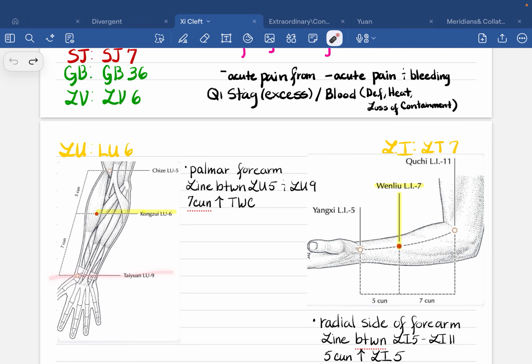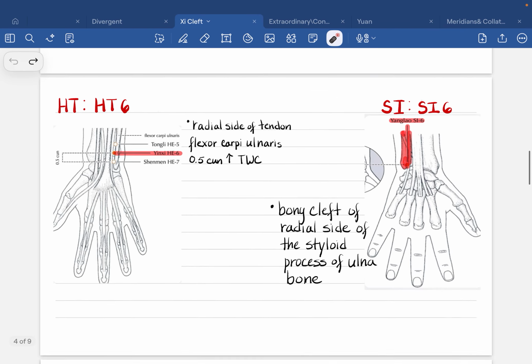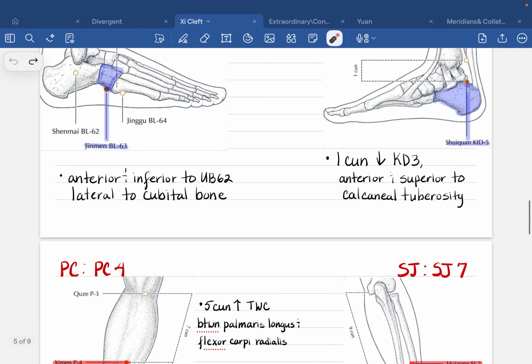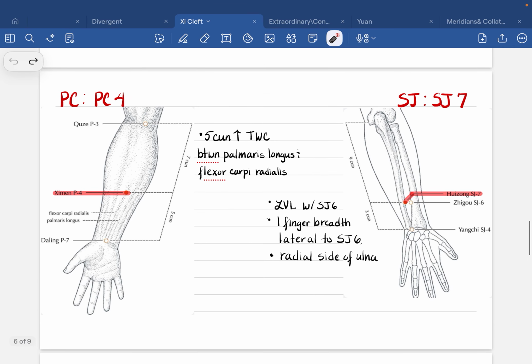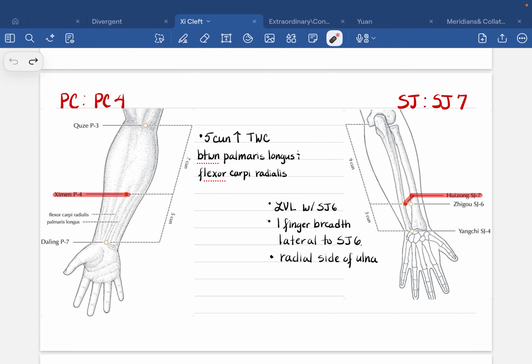This is kind of a crease, right? It's always in between there, except for the UB and the kidney. But for PC4, it's 5 cun up from the transverse wrist crease, and it tells you it's in between palmaris longus and flexor carpi radialis. Do you see? PC is always flexor carpi radialis. Heart is flexor carpi ulnaris.